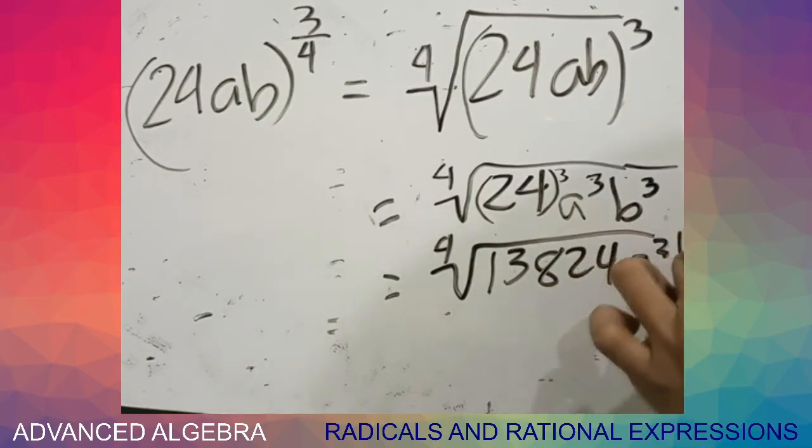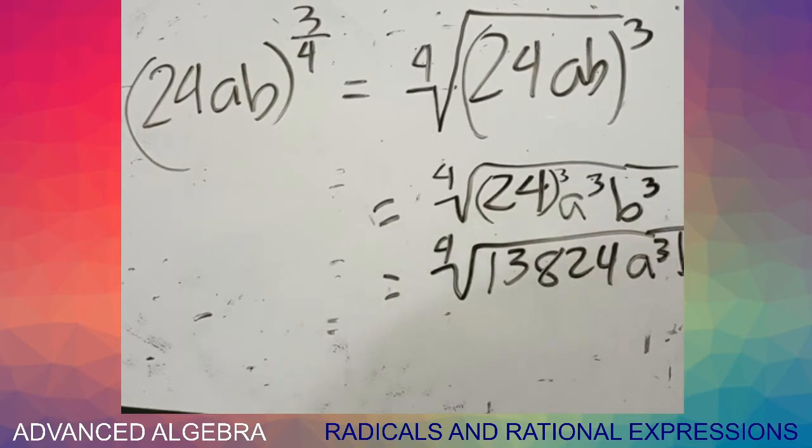Tapos, a cube, b cube. Okay. So, gagawin natin sa 13,824, hahanap tayo ng number na pwede nating i-divide dyan. So, ano kayang possible? Try natin sa 16. 13,824. Kasi diba, 8 times 4, 4 times 4, 16 times 4, 64.